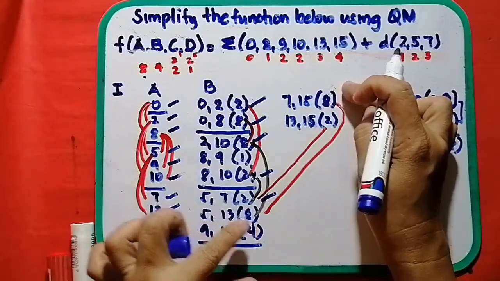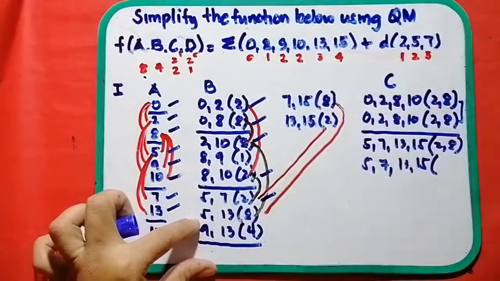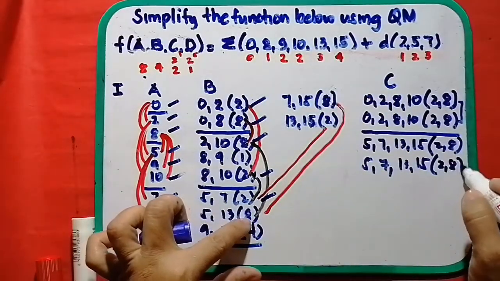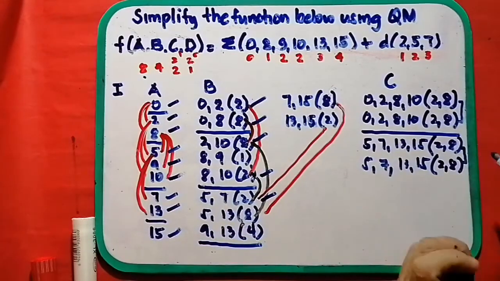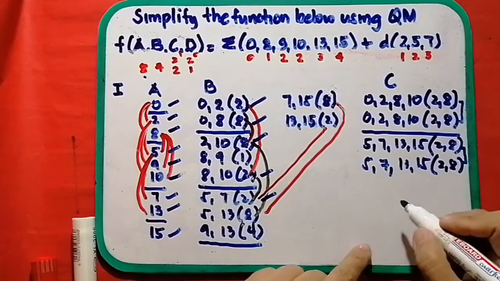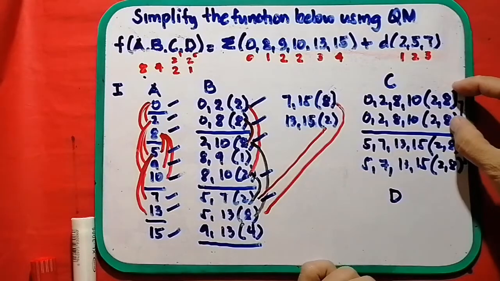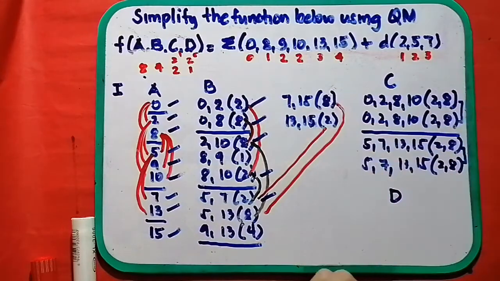The difference is 8, but then the new difference is 5 minus 7, which is 2. So, we write it as 2 and 8. You will notice both sets are also the same. Again, we'll try to get column D. We have here 2, 8, 2, 8. So, we can compare the two.